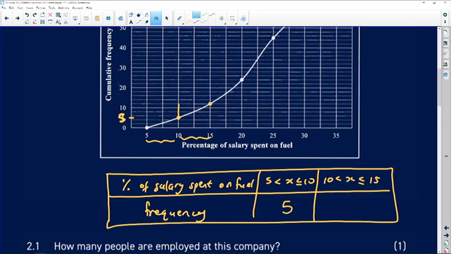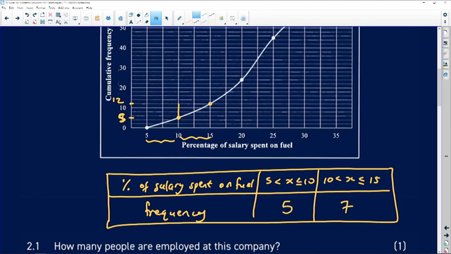And you'll agree with me that the value on the y-axis at which the second dot is found is exactly 12, because on the y-axis they're going up by multiples of 2. So it's 12, 14, 16, 18, 20. So the value I'm looking at there is actually 12. Now, from 5 people to 12 people, how many people are we adding? I think you'll agree with me, we are adding nothing less than 7 people.